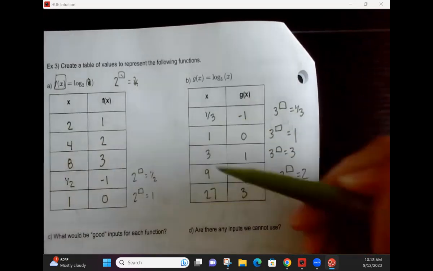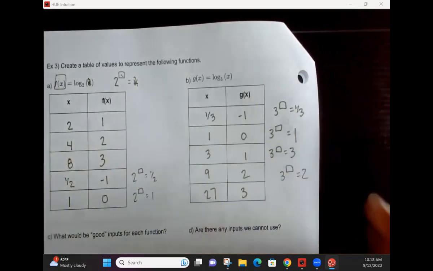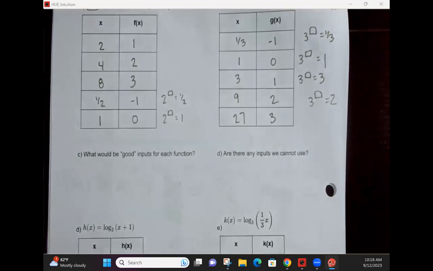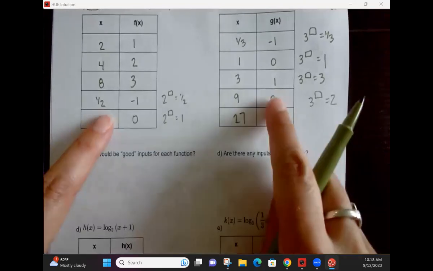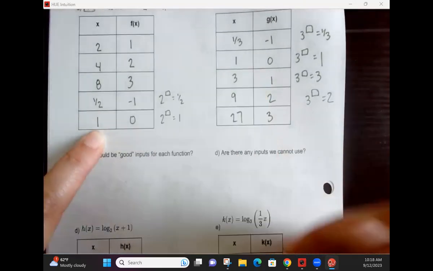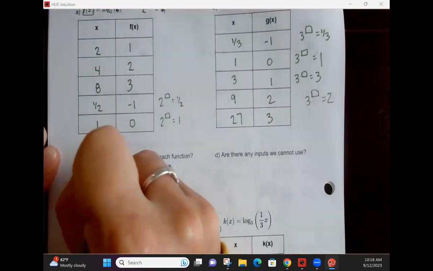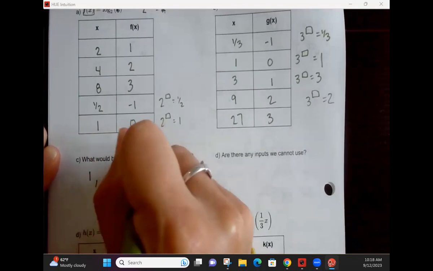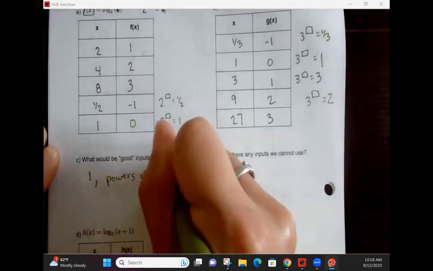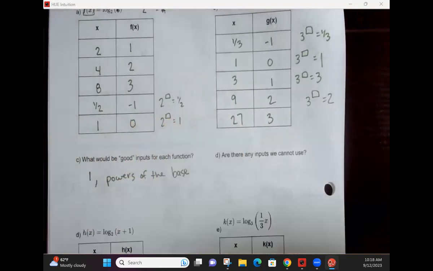But instead, I can choose values that are going to be a little bit easier. So good inputs for each function: 1 we used in both cases. We also looked at powers of the base, both positive and negative powers of the base.